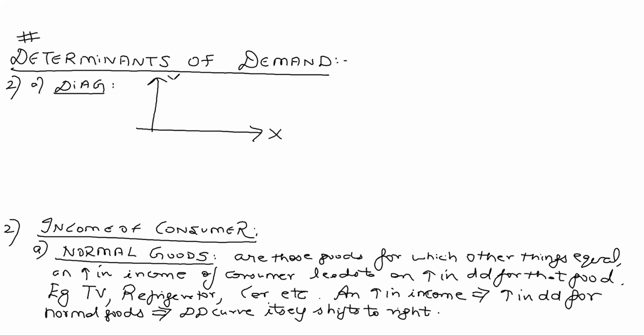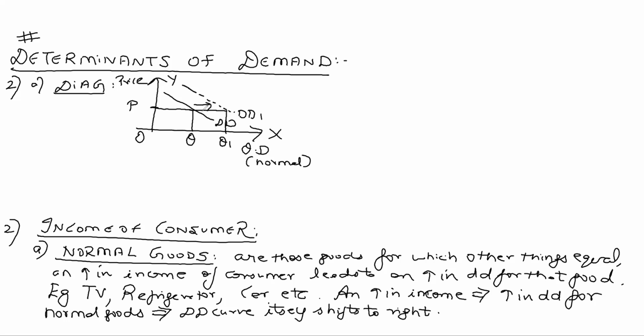This is x-axis, y-axis, initial demand curve, quantity demanded, price. Now at the same price OP, as your income goes up, you start demanding more of the normal good. So this is my normal good. That means an increase in income will cause the demand for normal good to shift to the right.